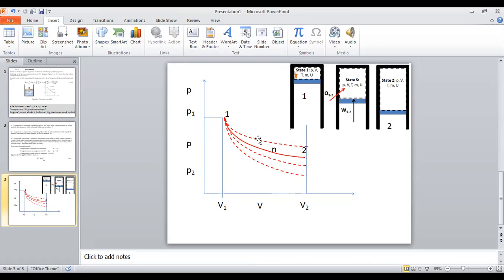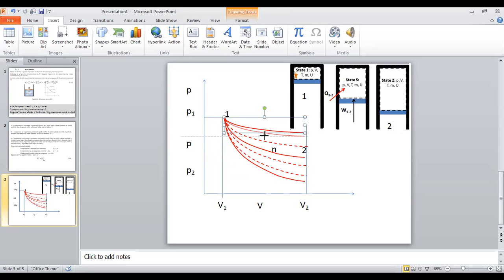So if you think of the final of this, the limit of this, there can be two limits like this, and like this.